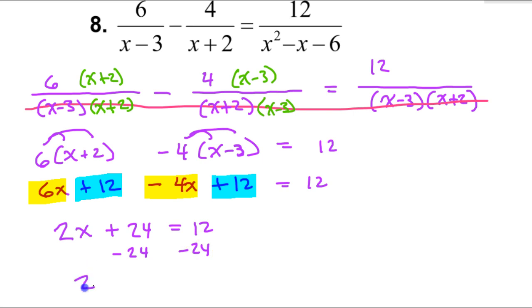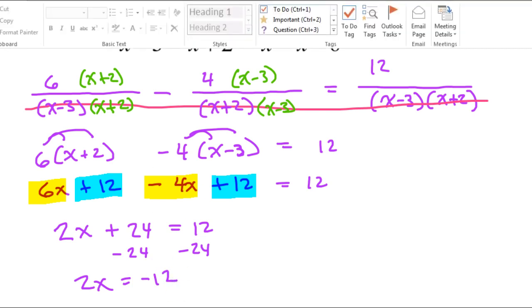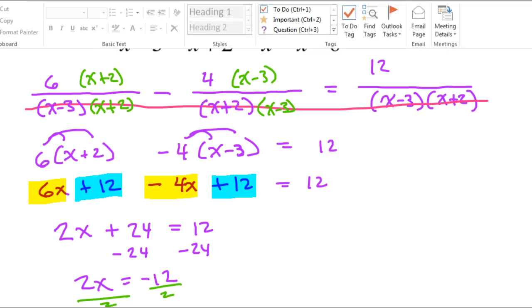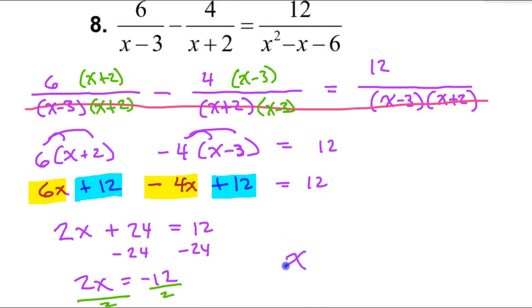So that's going to give me 2x is equal to -12. And then when I divide both sides by 2, that's going to give me x is equal to -6.